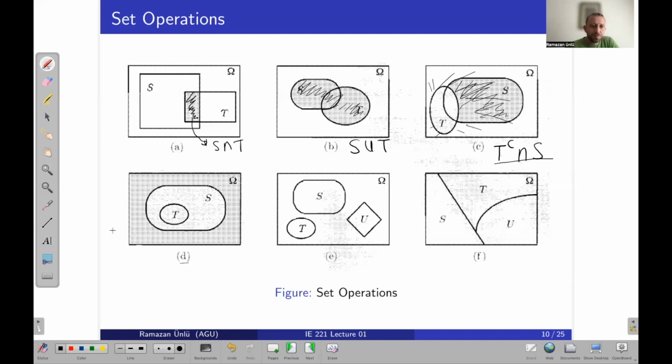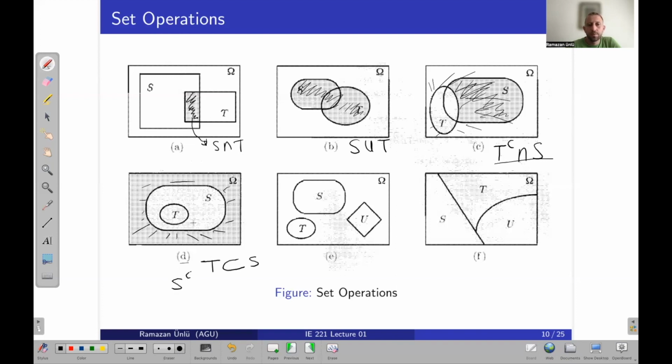Now example D. First, look at this one. T is within S, so I can say that T is a subset of S. S covers T. And the points in these regions are not members of S and also not of T. So I can simply say that this is S complement.